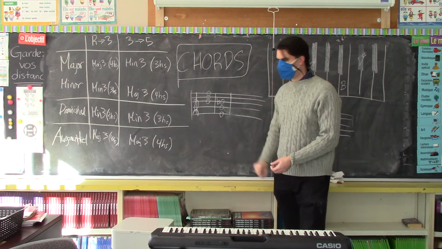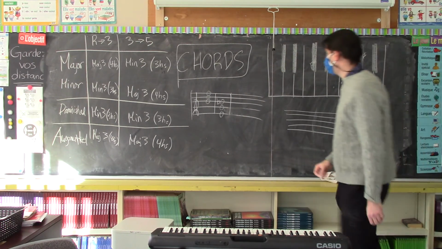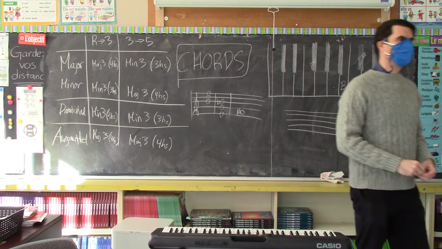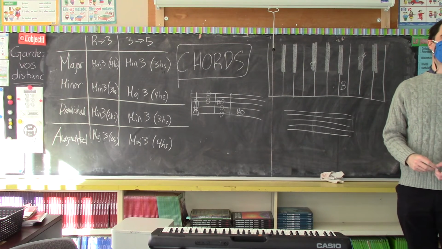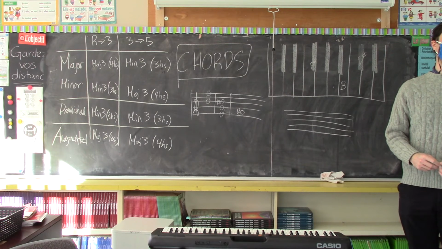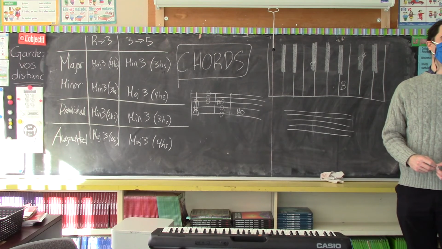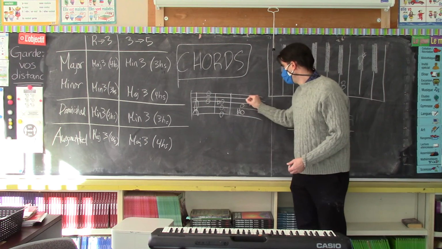Okay, one more. The next one starts with F sharp. Go ahead, Martin. Can I do this one? Sure. I think I'm right, but I think it's just A and C. Yeah.